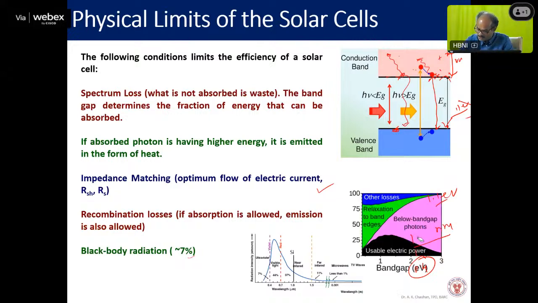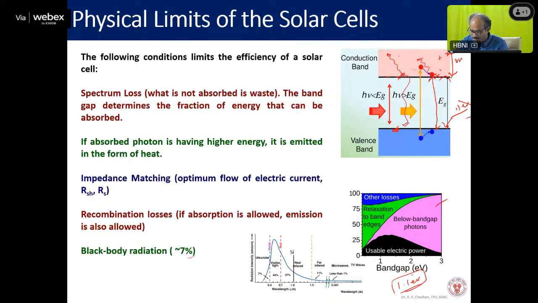So now we will compare to the band gap. We want all the photons in the solar spectrum to have, for silicon, 1.1 electron volt energy. That will be ideal for me.